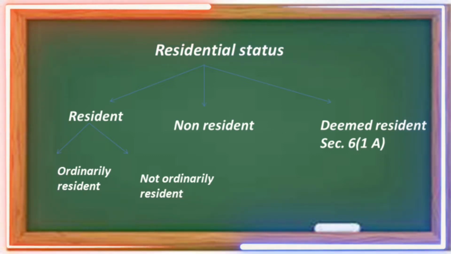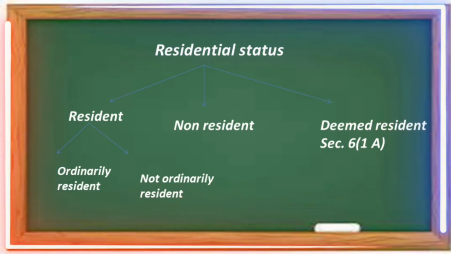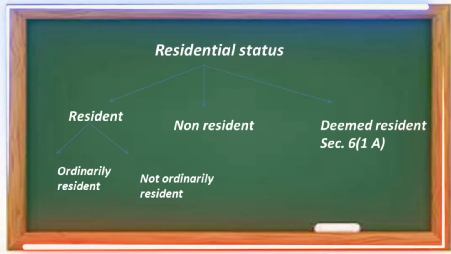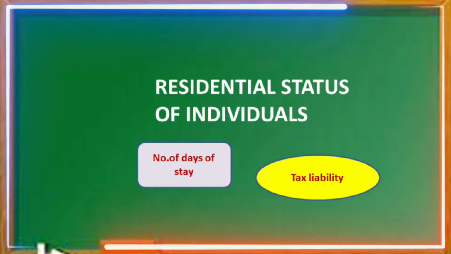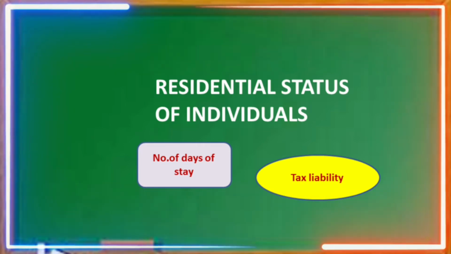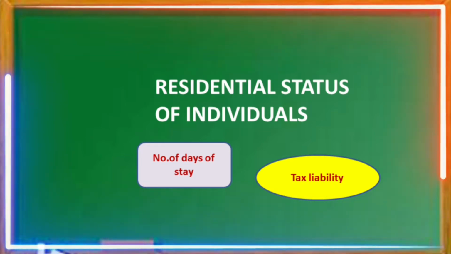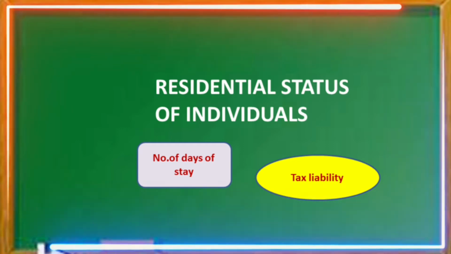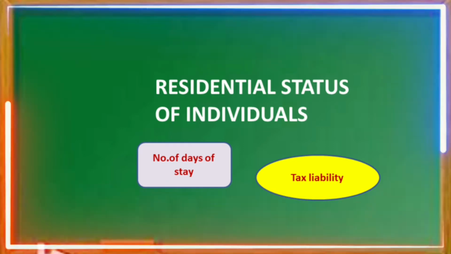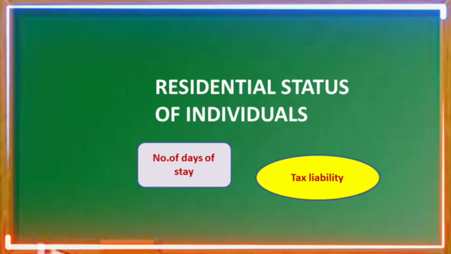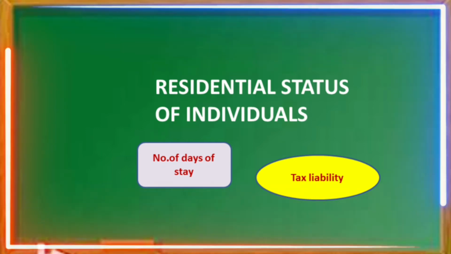According to the Income Tax Act 1961, residential status of a person is one of the important criteria in determining tax implications. Residential status of a taxpayer can be divided into resident, non-resident, and from the assessment year 2021-22, the concept of deemed resident is also there.